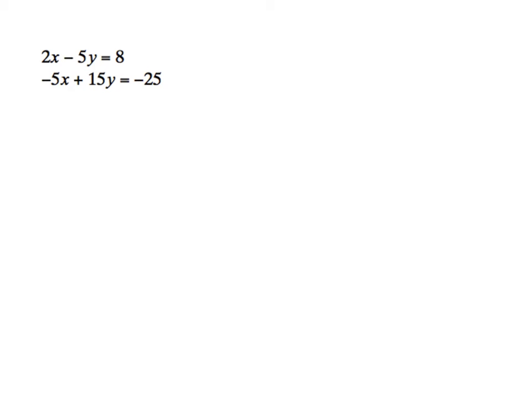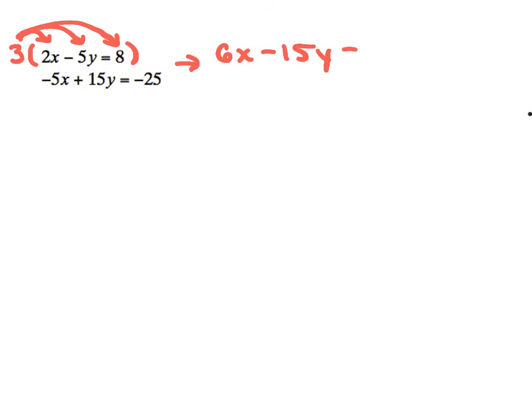In our last example, we have the two equations, 2x minus 5y equals 8, and negative 5x plus 15y equals negative 25. If I want to make the y terms cancel out, I can multiply everything in the first equation by 3. So if I multiply everything in that equation by 3, I'll get 6x minus 15y equals 24.